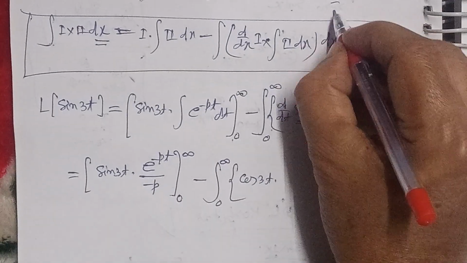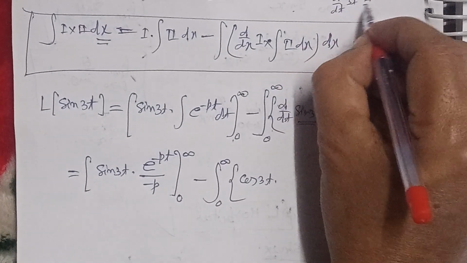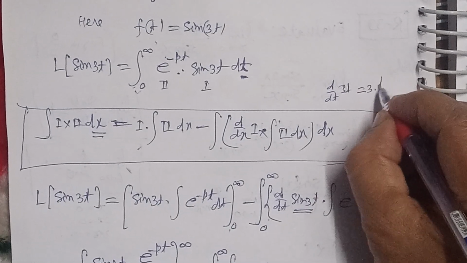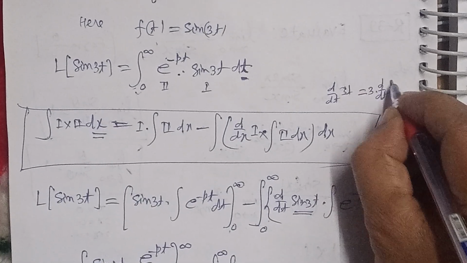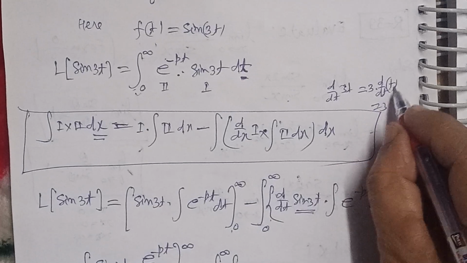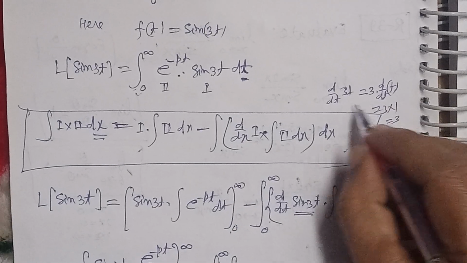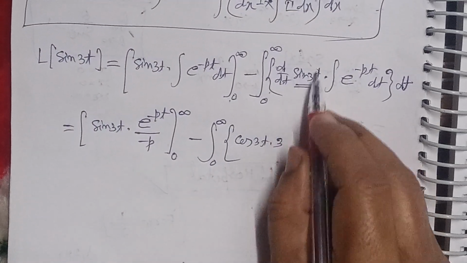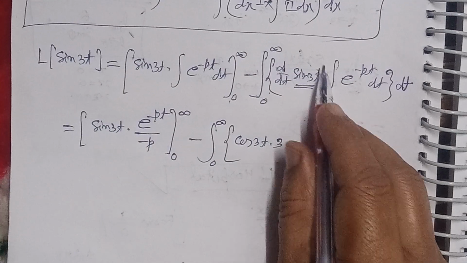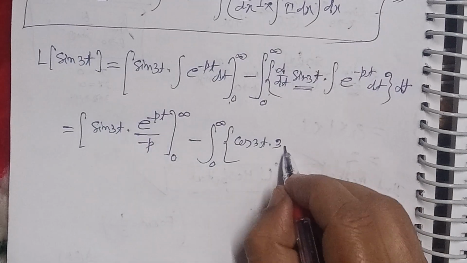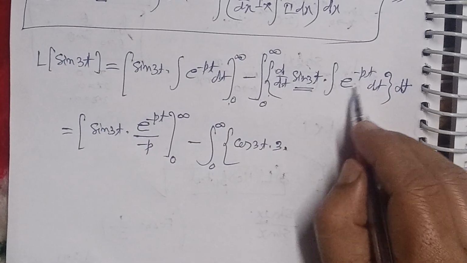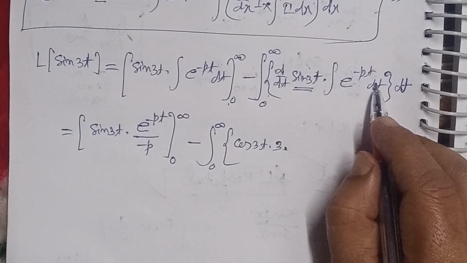We know that differentiation of 3t is 3, as 3 is constant, so we only have to differentiate t. Differentiation of t with respect to t is 1, so differentiation of 3t is 3, so I write 3 here. Differentiation of sine is cos, but differentiation of 3t is 3. I apply the chain rule here.